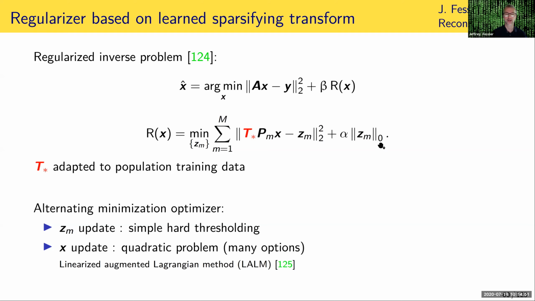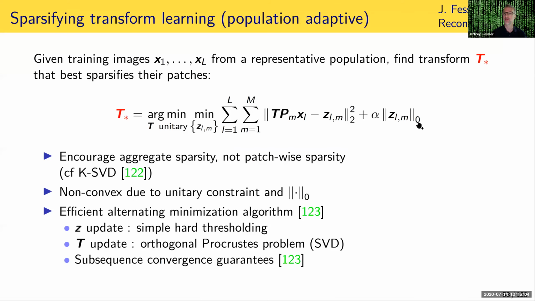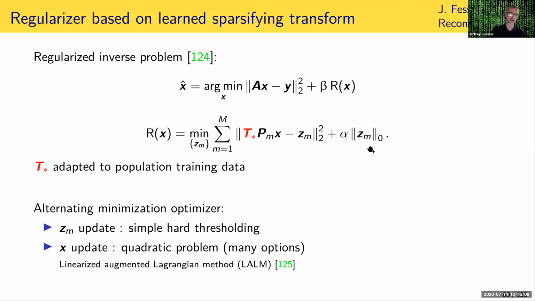And here I wrote down a 0 norm because that's what we used in the paper, but you could equally well use a 1 norm because this problem is now a convex problem. I guess I chose a 0 norm here to be consistent with the way we trained the transform, but I'm not sure it's essential to have that consistency.